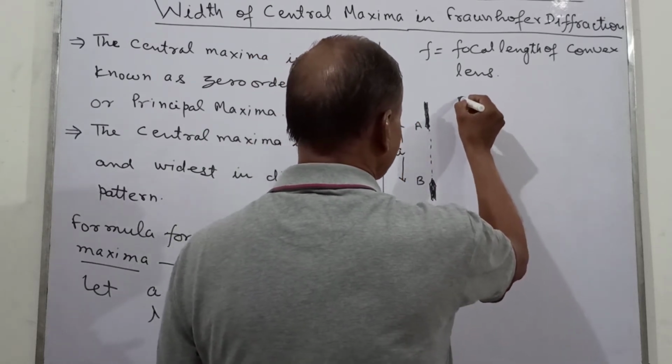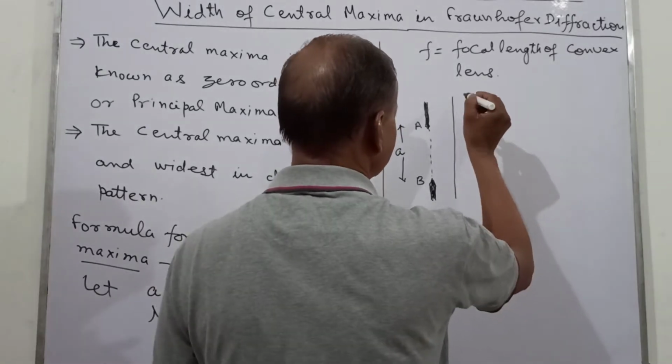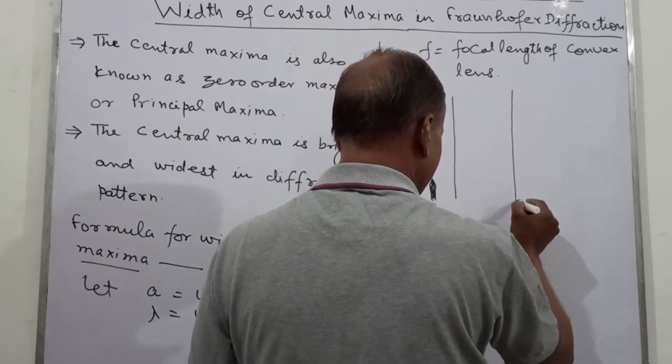This is the convex lens, and here it is the screen.